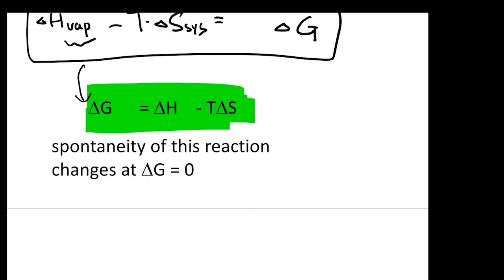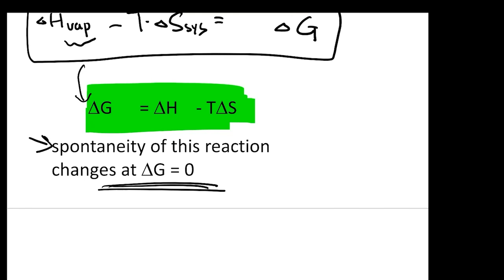One thing you're going to see a lot in your homework is that it asks you when the spontaneity of the reaction is going to change. What it really means is that they want you to find where your delta G naught is equal to 0. That's the point where your spontaneity is going to change, right?